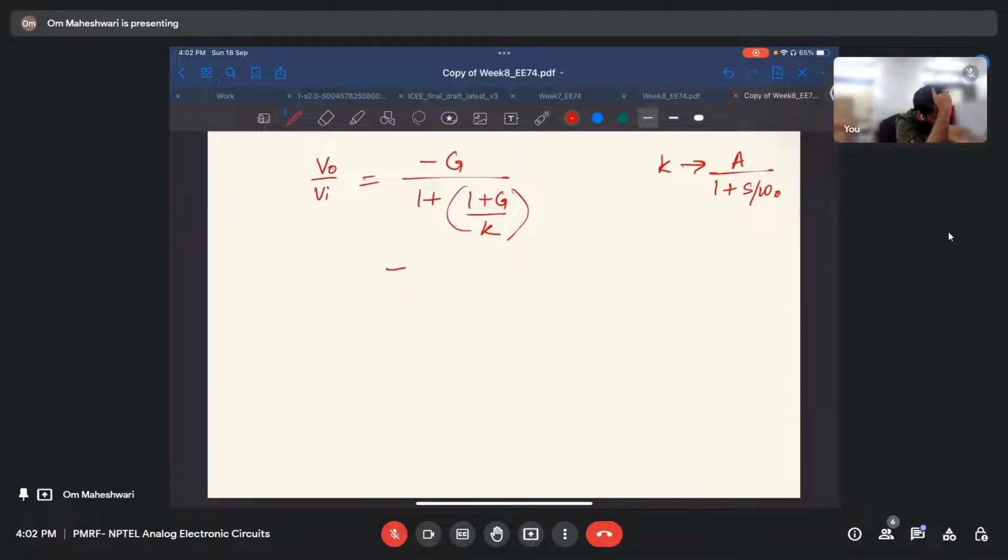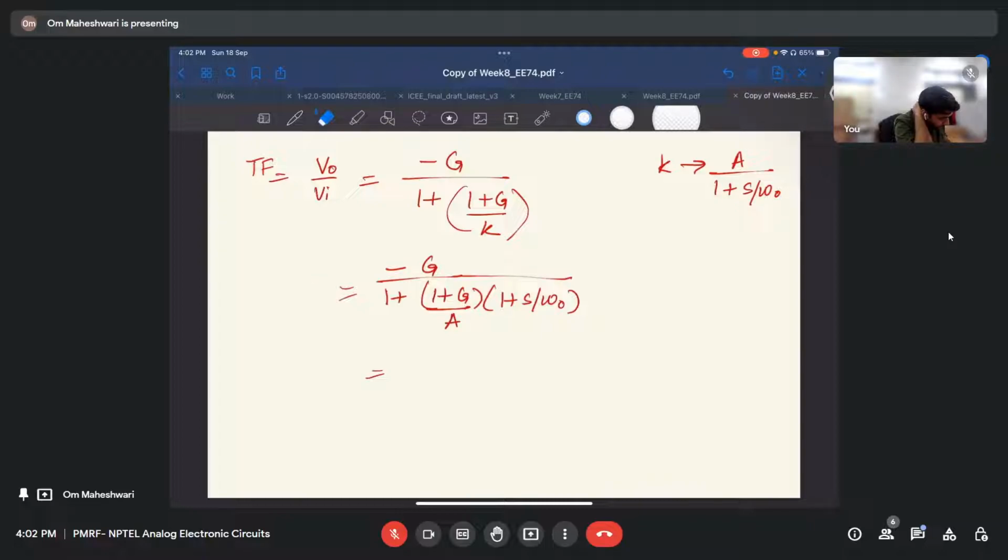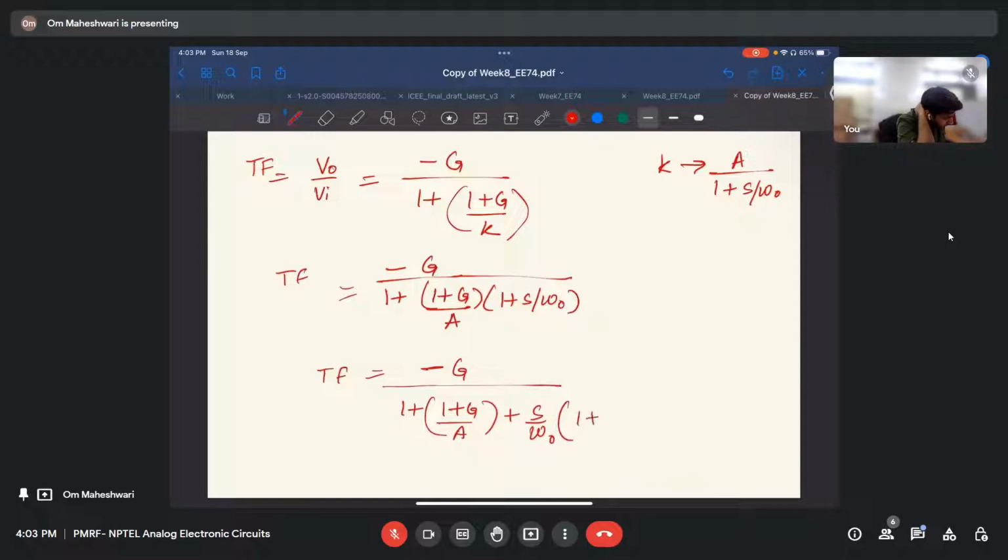So minus G upon 1 plus G upon A times 1 plus S by omega naught. So this Vo by Vi, the transfer function, is minus G upon 1 plus G by A plus S upon omega naught times 1 plus G by A.